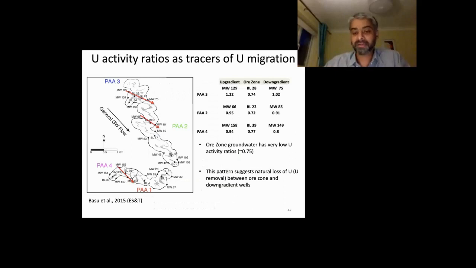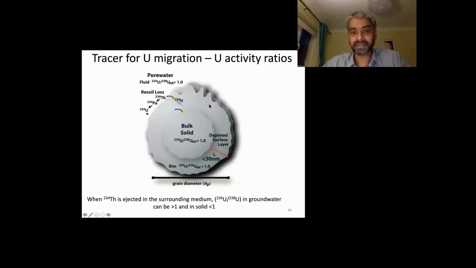Now, if you have a grain where uranium is sitting right at the grain boundary, then as it decays by alpha decay to thorium-234, and then eventually to uranium-234, alpha decay has a recoil effect. The parent nuclide, then the daughter nuclide, is actually pushed by about 30 to 40 nanometers.